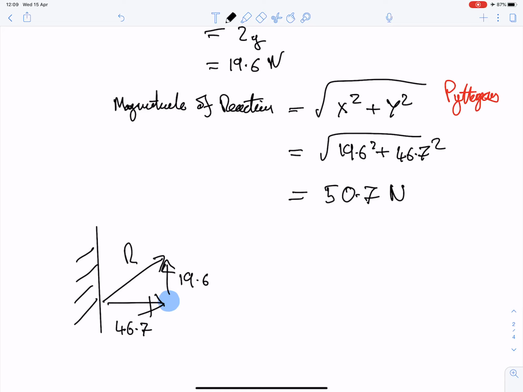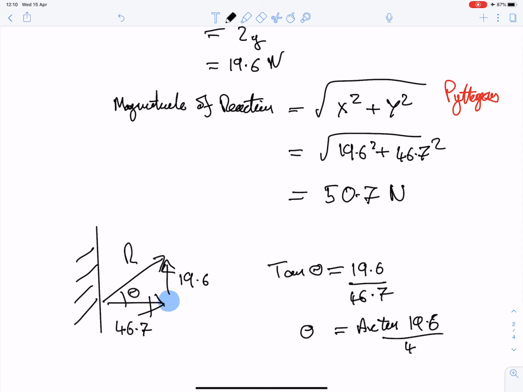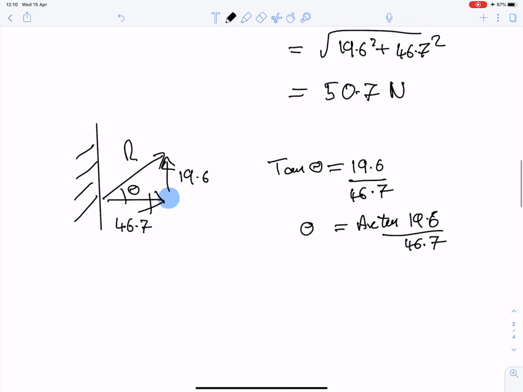We've got 19.6 squared plus 46.7 squared square rooted. So 20 squared is 400. 45, it's going to be a little bit bigger than that. So say guess 50-ish. Tap it in the calculator and we get 50.7 newtons.